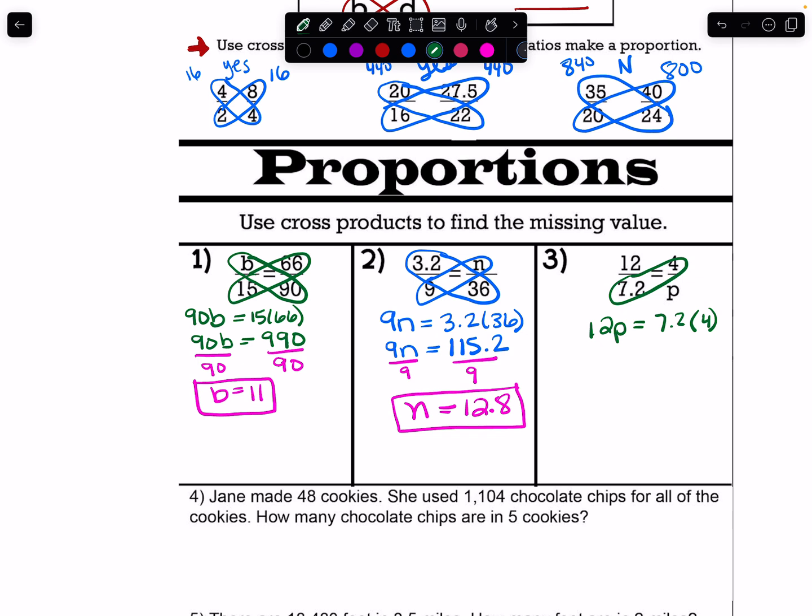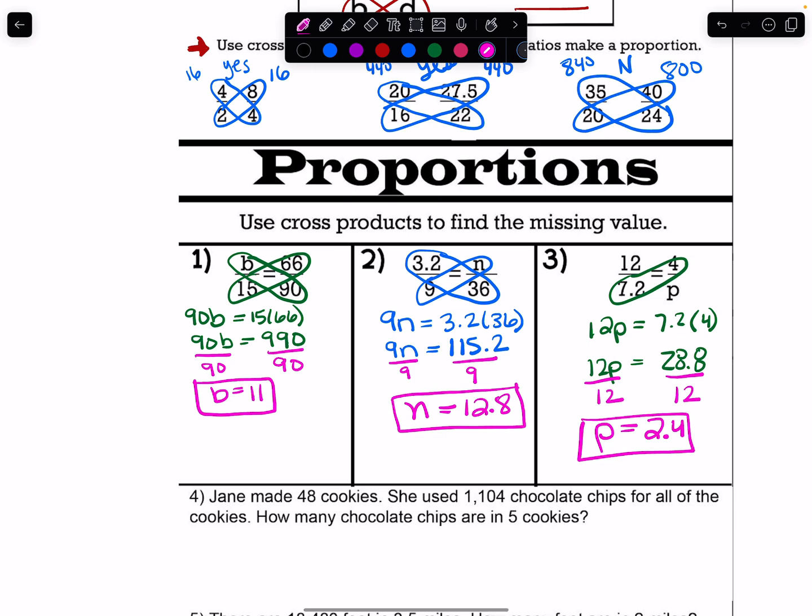So in my calculator, 7.2 times 4 is 28.8. And I have my 12p on this side of the equation. Since p is being multiplied by 12, the opposite is to divide both sides by 12. And I'm going to get 2.4. So that's how you solve proportions.